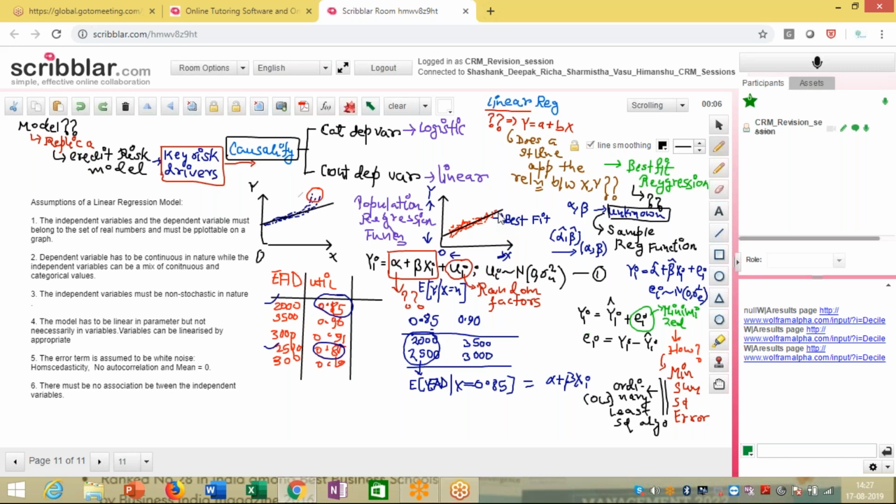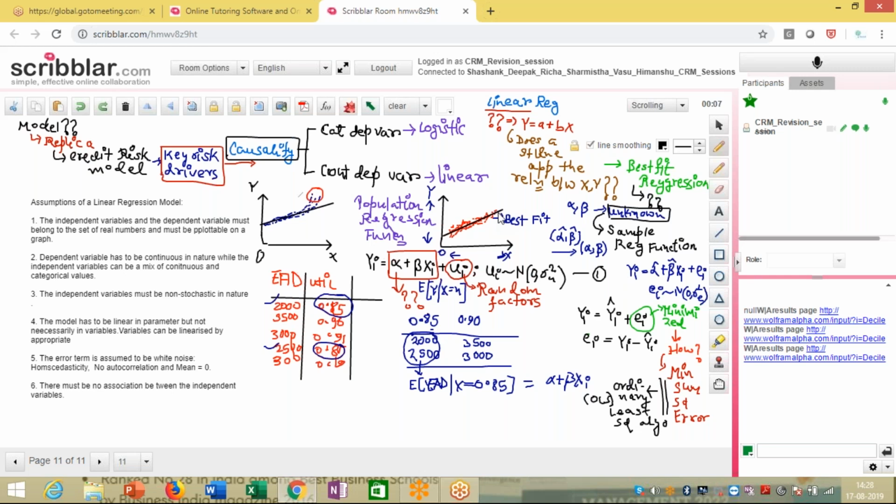The entire existence of a predictive modeling industry is based on the existence of this uncertainty in the future, which we need to minimize, right? So what we saw over there was that when we talk about a regression model, we are trying to find out the conditional expectation of the dependent variable given a value of the independent variable.